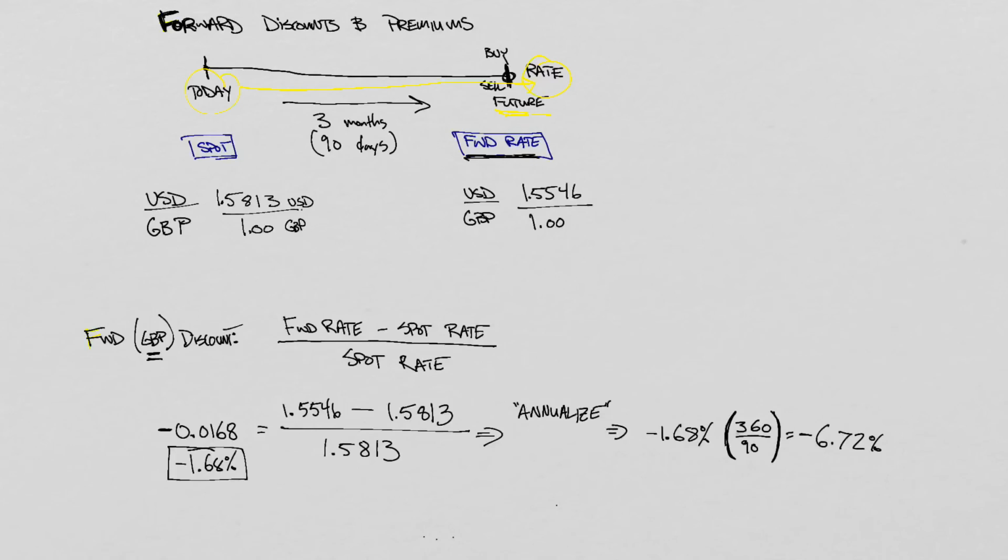So we can either say that this is really just two sides of the same coin. We can either say that the British pound is trading at a 6.72% forward discount, or we can say that the US dollar is trading at a 6.72% premium.